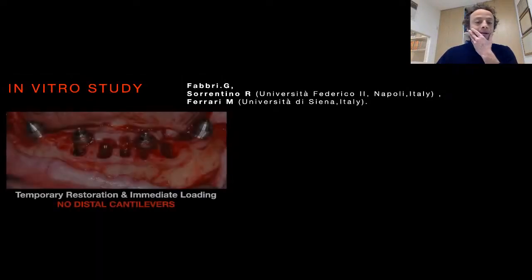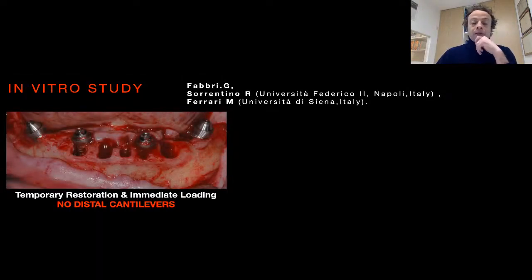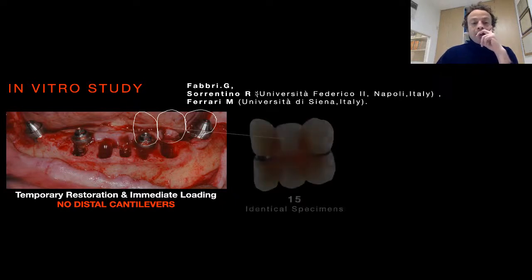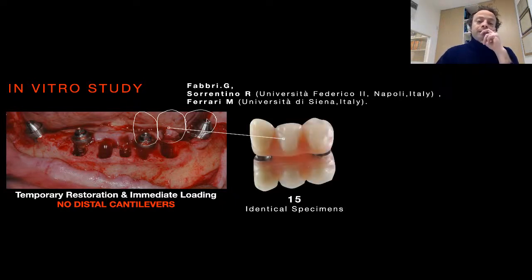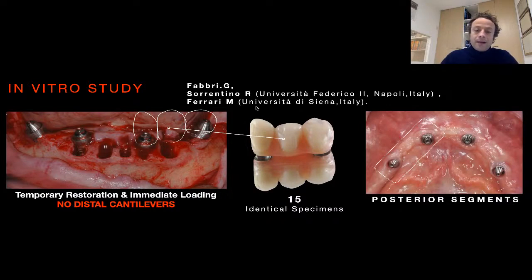So, in my personal evaluation, we considered this as a topic of a study that we did together with Professor Sorrentino at the University of Siena, Italy: to evaluate the strength and clinical performance of 15 identical specimens produced for this kind of clinical situation, representing exactly the scenario that we have when we manage an All-on-4 with a full acrylic posterior segment.